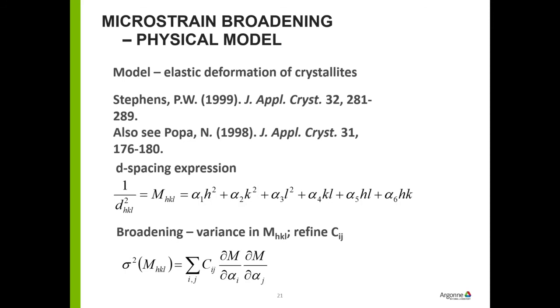So the sample broadening depends on the variance, which is the partial derivative of this with respect to each of the coefficients, as a cross product between the two. So this is a matrix which is 6 by 6, but it has symmetry depending on what the crystal structure is. So the number of coefficients can be as little as 2 for cubic and 15 for triclinic.